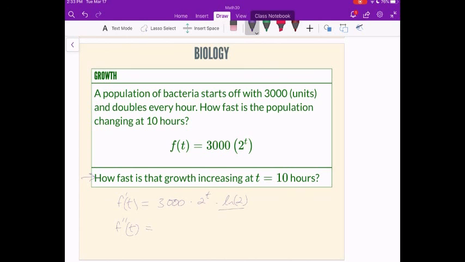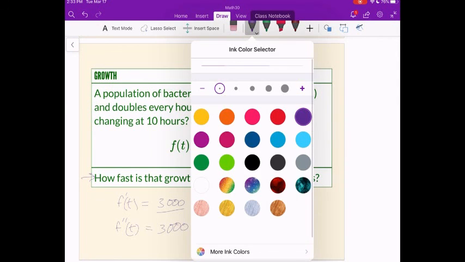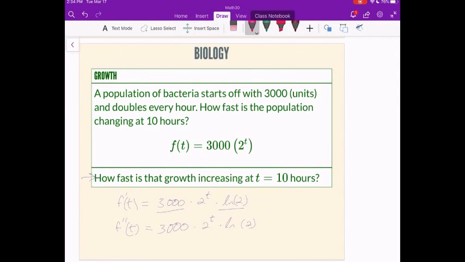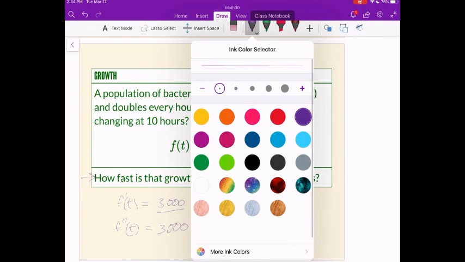To figure this one out, just think of ln of 2 and 3000 as our constant multiples. 3000 2 to the t times ln of 2. But because we took the derivative of 2 to the t, now I'm multiplying times another ln 2.